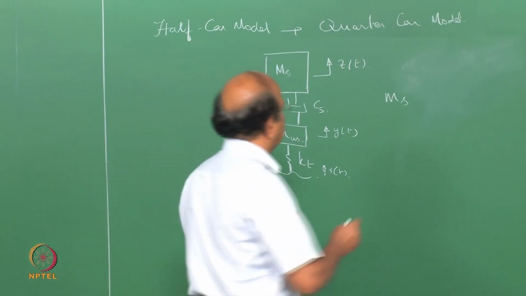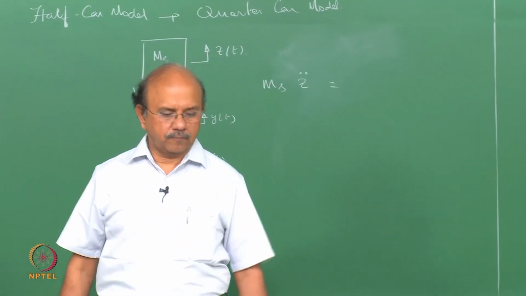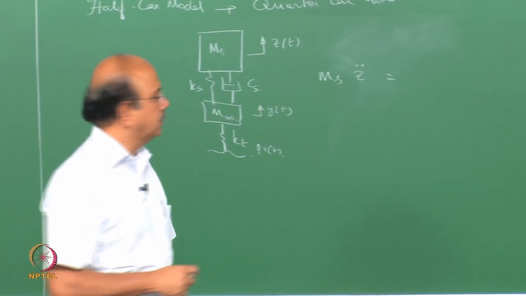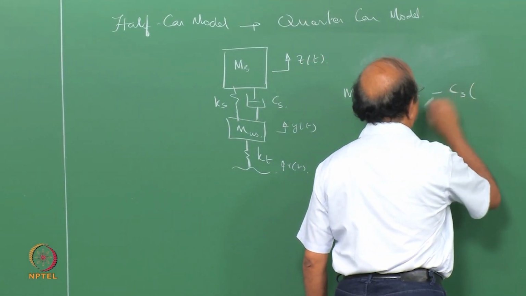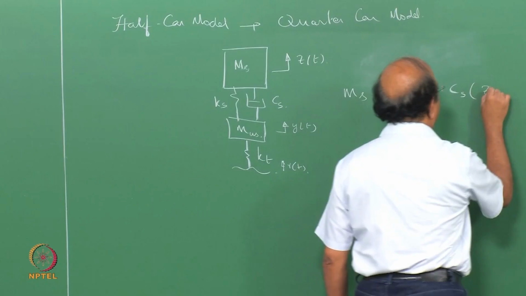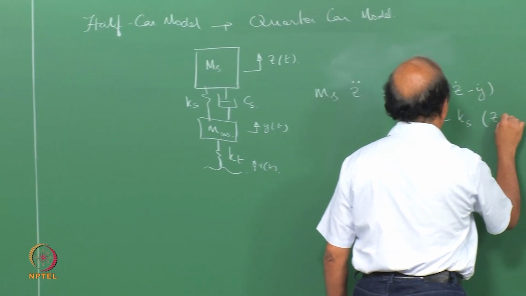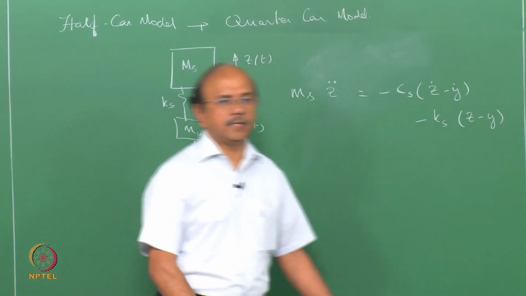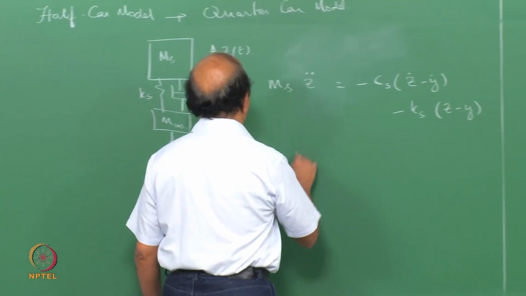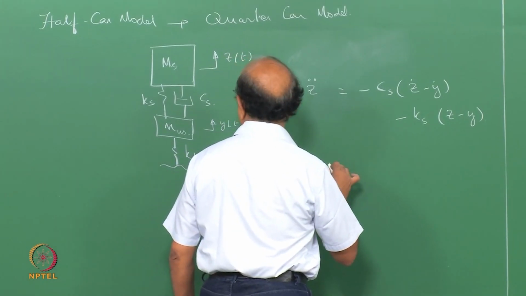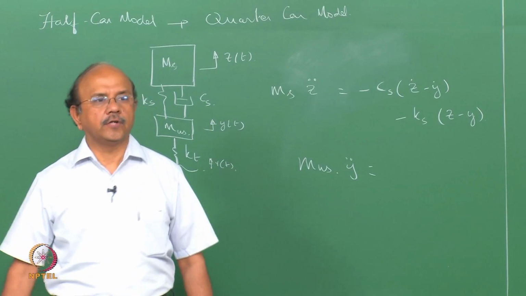So ms into z double dot is the first one, which we had already discussed, cs into z dot minus y dot minus ks into z minus y. Same fashion I can write down mus into y double dot.